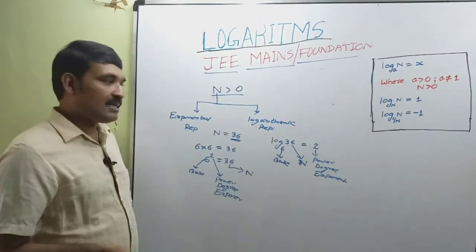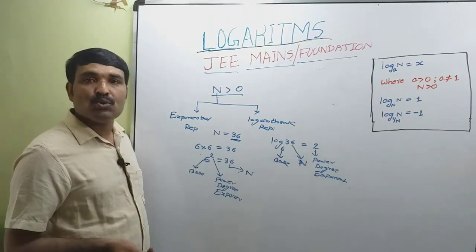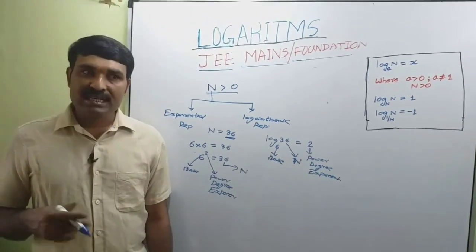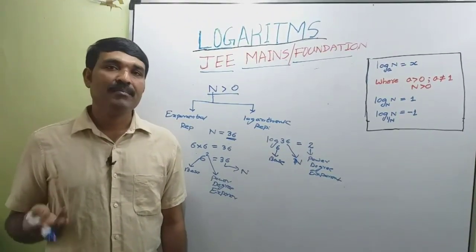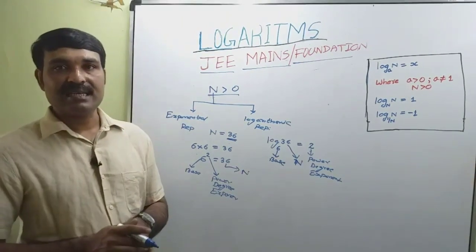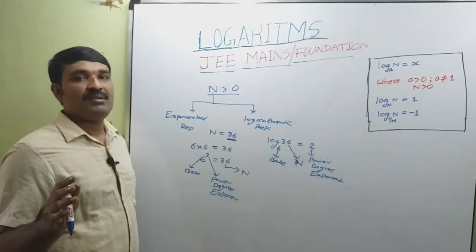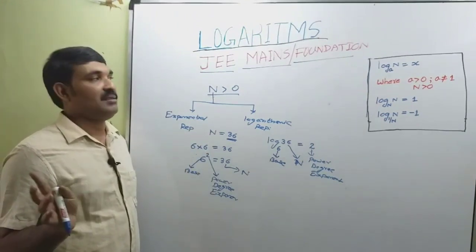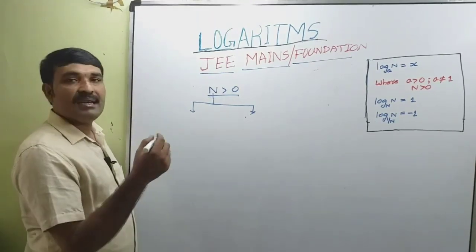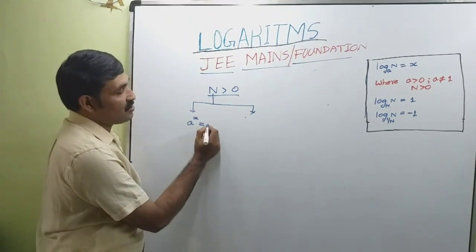So in both these cases, base is 6, exponent is 2, and the number is n. So there is no change for base, number, or exponent. That remains the same. So this is a different representation of a positive real number. In general, the exponential representation is a raised to x is equal to n.